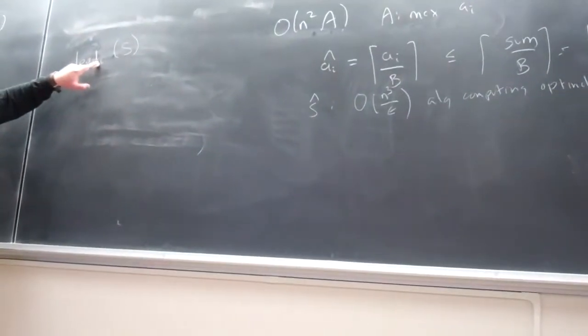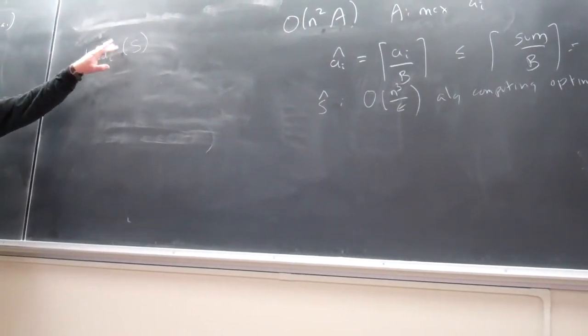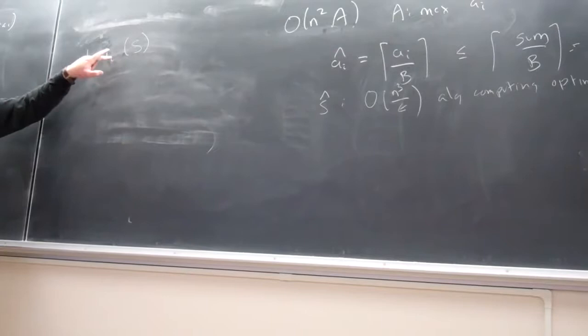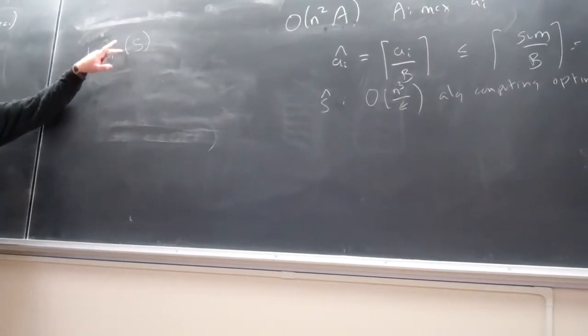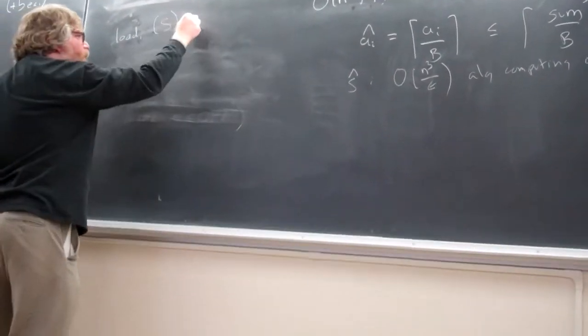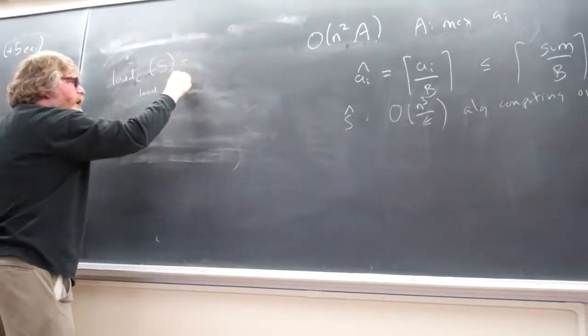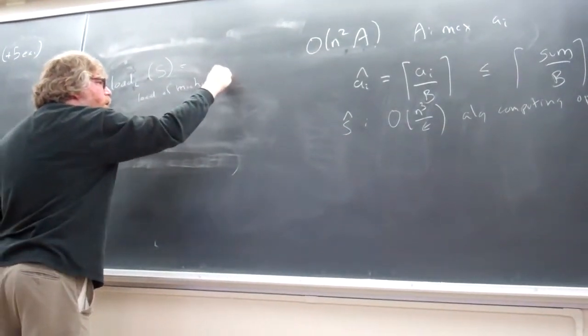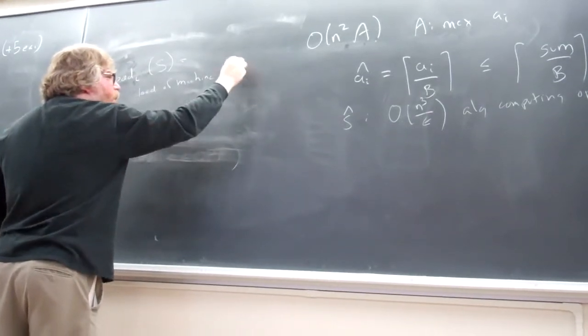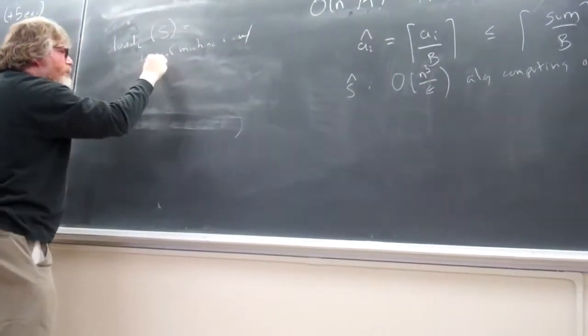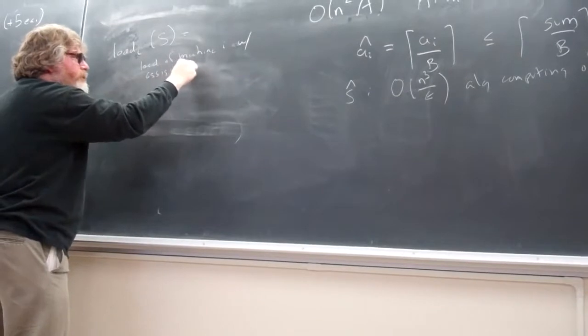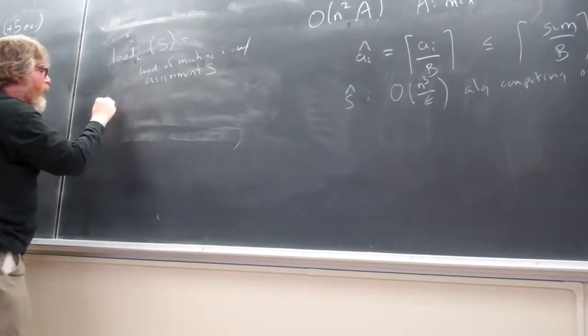Let's define two quantities, or four quantities. So this I is going to be either 1 or 2 for machine 1 or 2. Okay. So load sub I of S is going to be the load of machine I with assignment S. Okay.